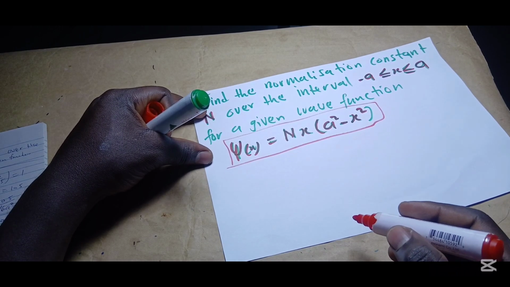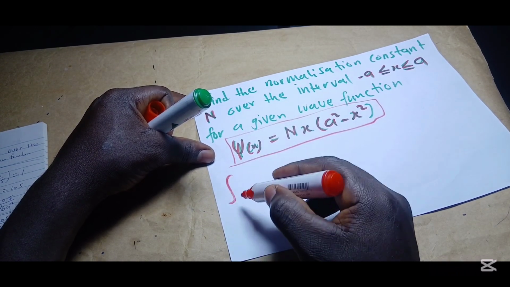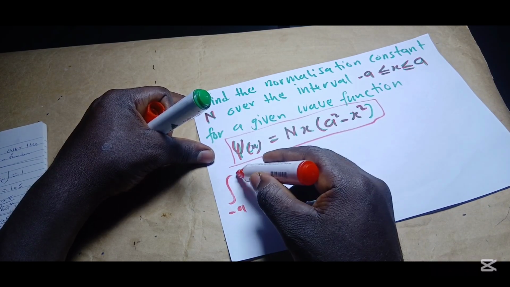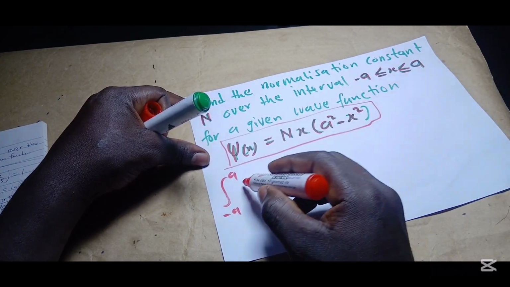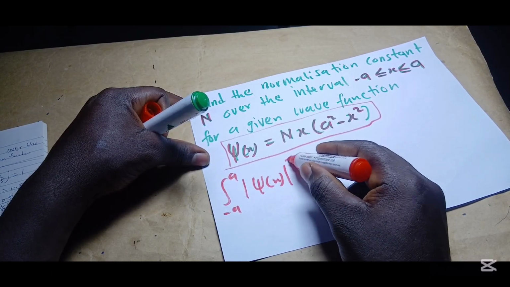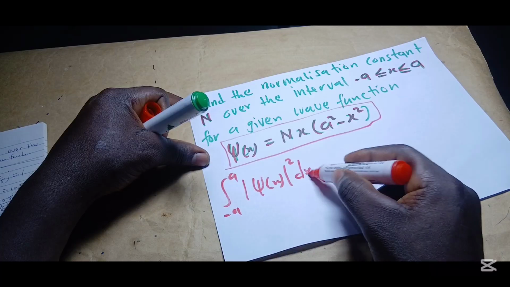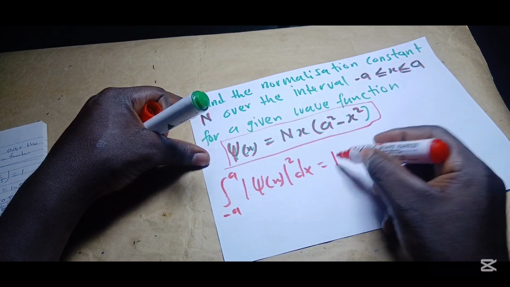Normalization constant. To solve it, we are going to take the integral from negative a to positive a, the limit given to us, of the absolute square of psi of x, dx, equal 1.